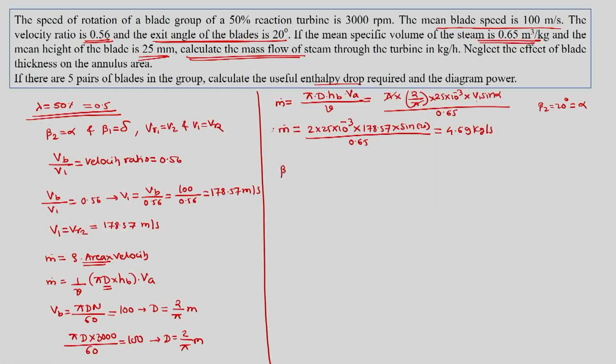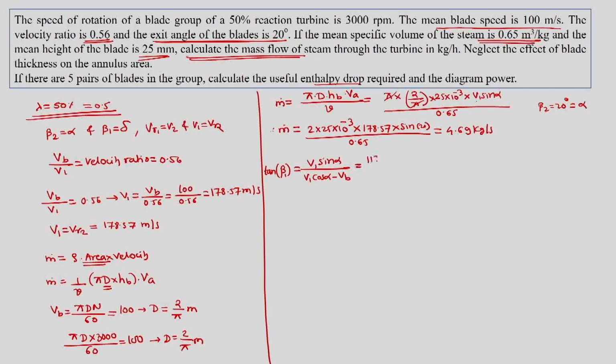Now we are going to find the other things, the enthalpy drop. For that, first find beta, since we know tan of beta 1 is equal to V1 sin alpha divided by V1 cos alpha minus VB.